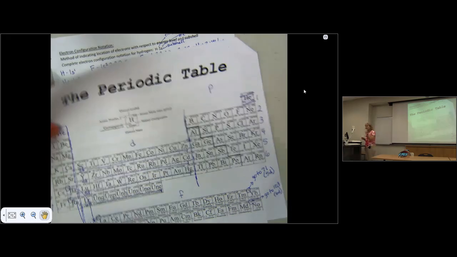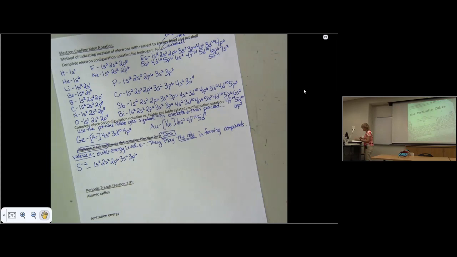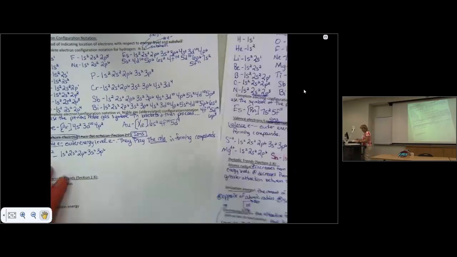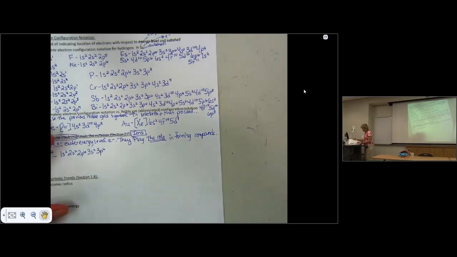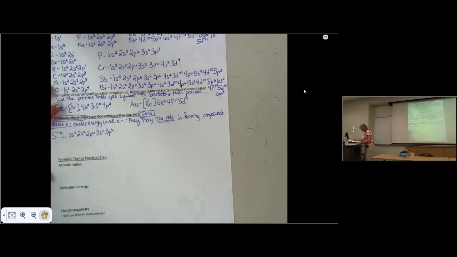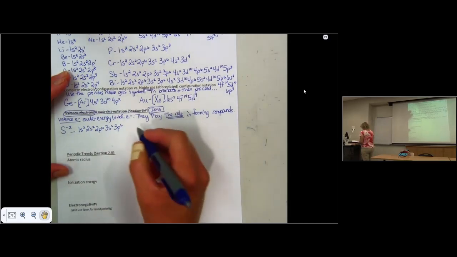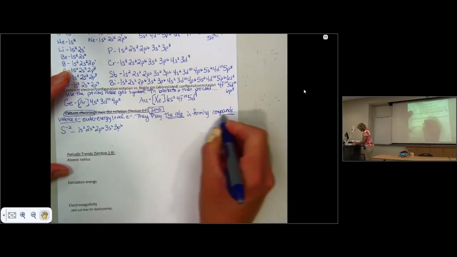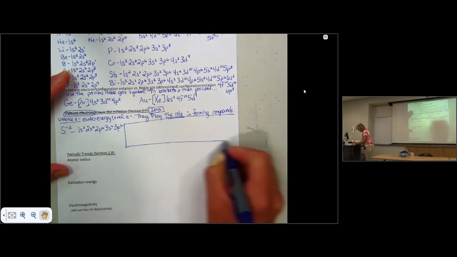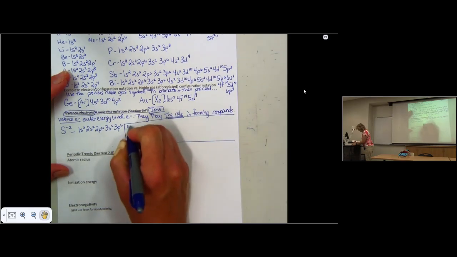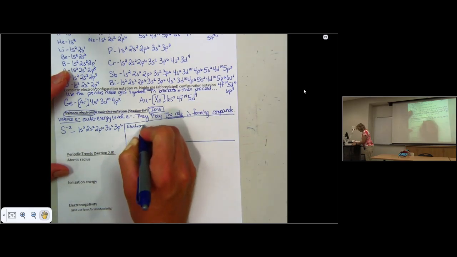Before I talk about those specifically, I want to give you some general rules, and I think this will help. These are the general rules on how electrons are lost, okay? So let me give you some general rules on how electrons are lost. Let me just block a little section off here.